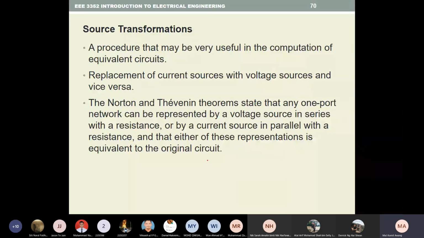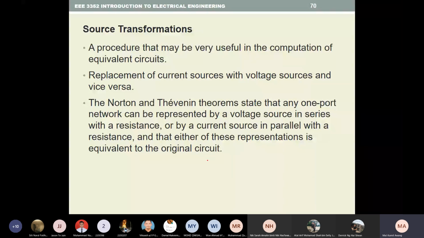So you can transform the Norton equivalent circuit into the Thevenin equivalent circuit. This is what we call a source transformation. Actually, it's a procedure that may be very useful in computation of equivalent circuits, by replacing a current source with a voltage source or vice versa.